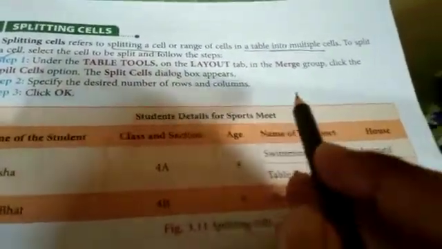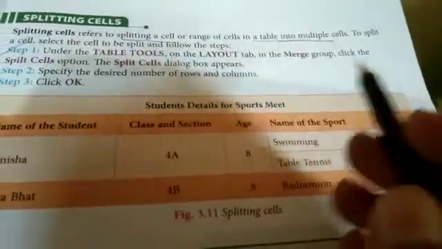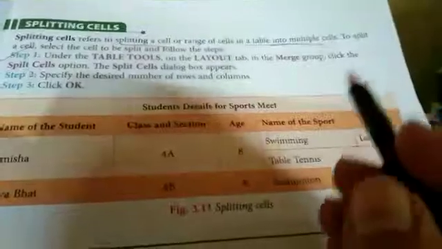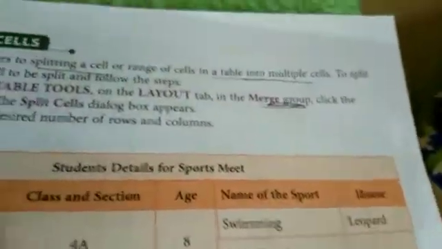The Split Cell dialog box will appear. So again, Table Tools, Layout tab, Merge group. Click the Split Cell dialog box. Specify the desired number of rows and columns. Click OK.